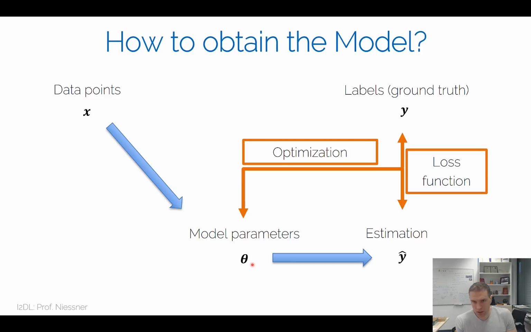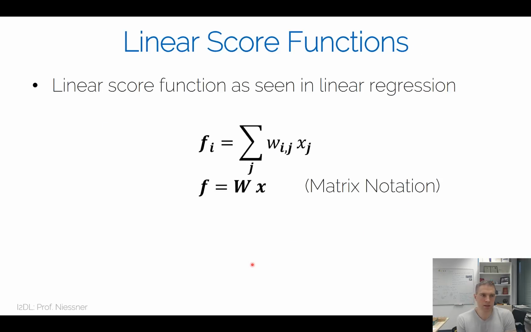Okay, so if we are summarizing this, so far what we have had is these linear score functions, right? So in the linear regression, we simply had a function f_i. We have here a bunch of weights. These were our thetas, and we're going to call the thetas now w's, because w's is what we're going to use in the neural network land.